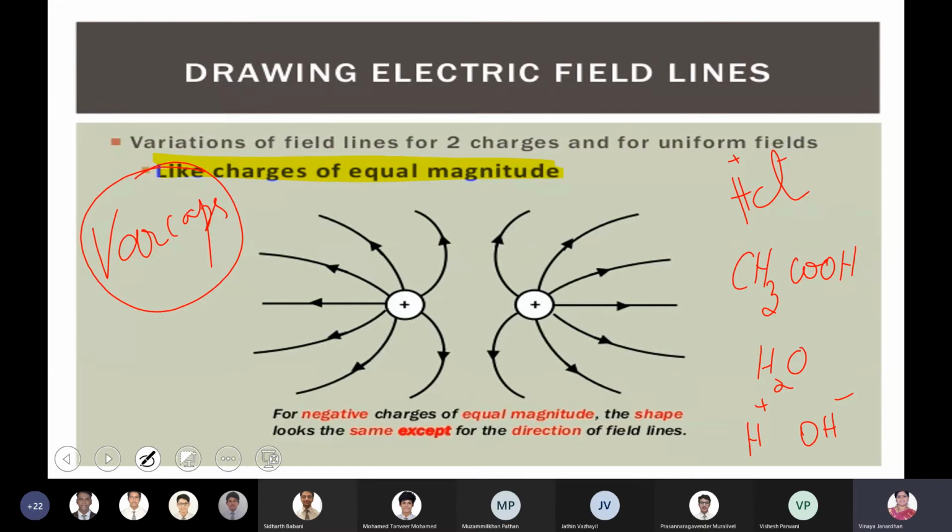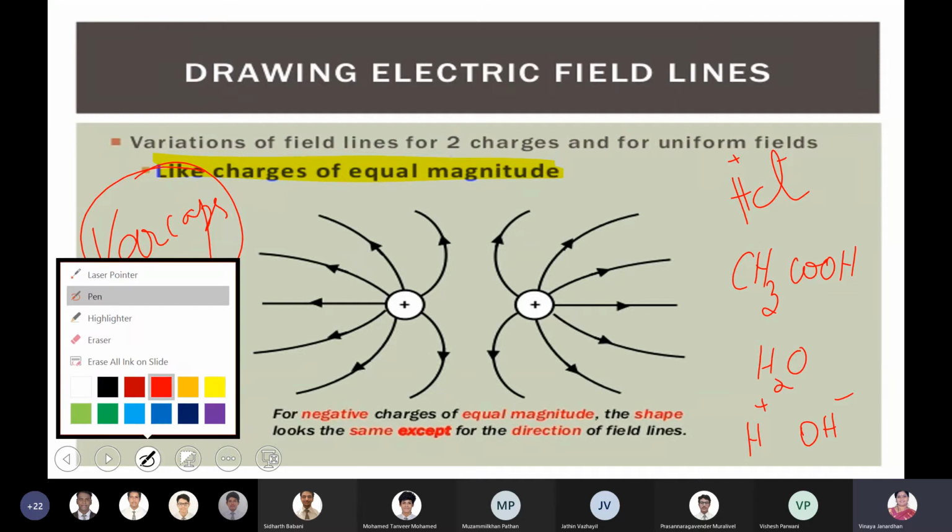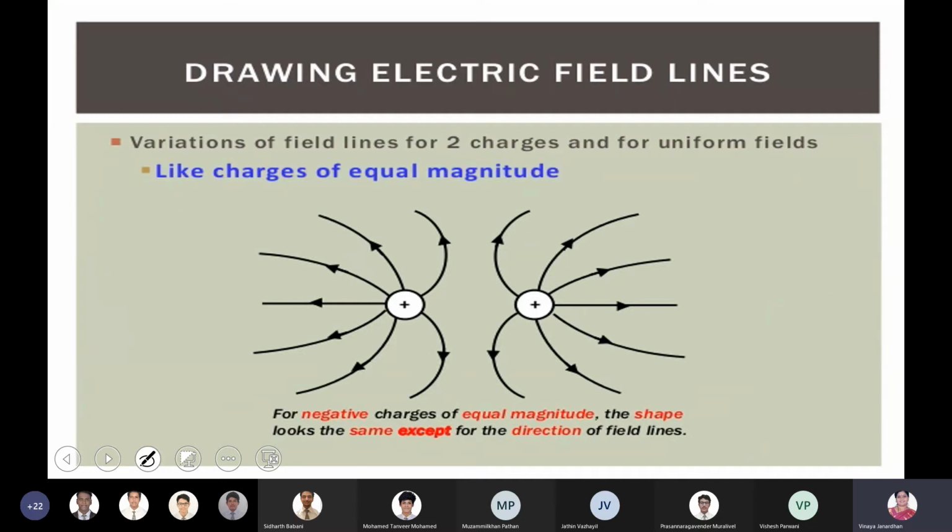One video clipping was there, I don't know. Later, when we come back to capacitance, we'll have more video clippings so you'll understand better. These are the applications of why you learn about dipoles. So here you have chemistry and physics coming together, right, boys?